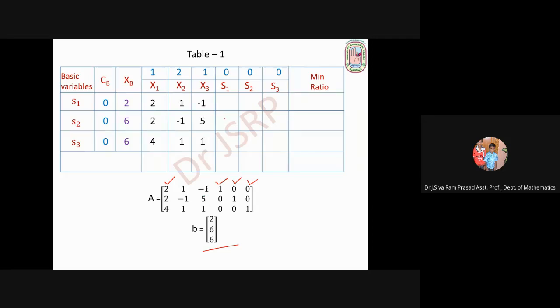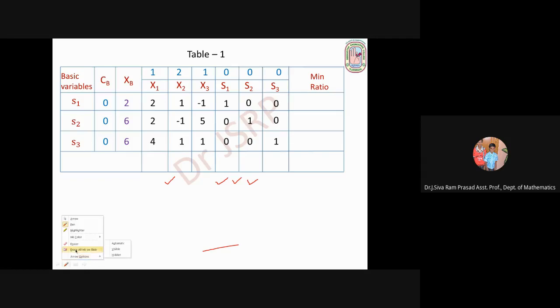Okay. Next, S1 column, 1, 0, 0. Next, S2 column, 0, 1, 0. S3 column, 0, 0, 1. Okay, so this is the tabular form.